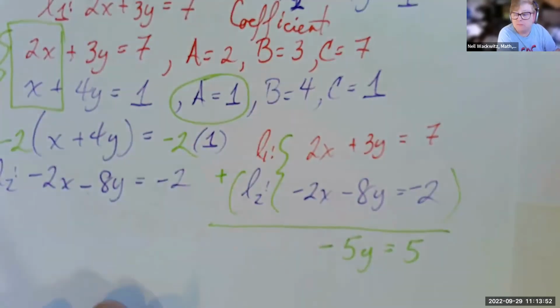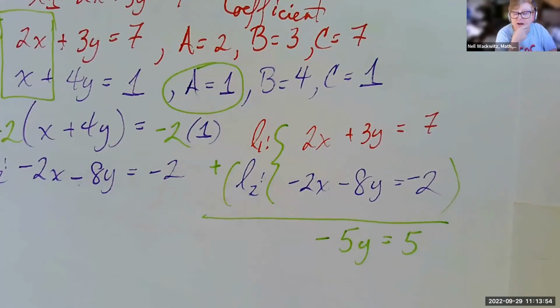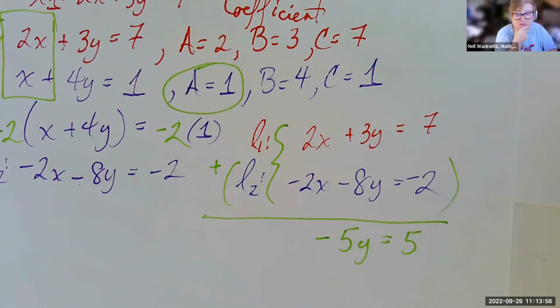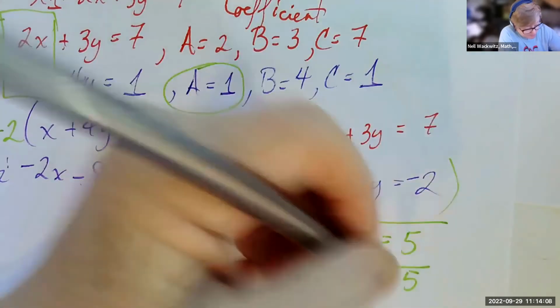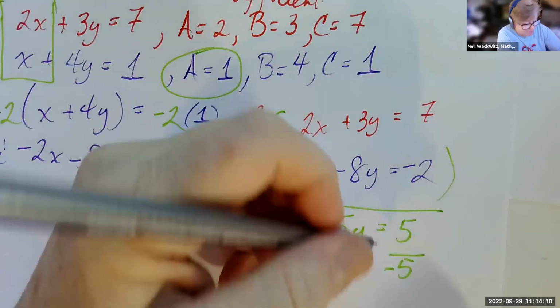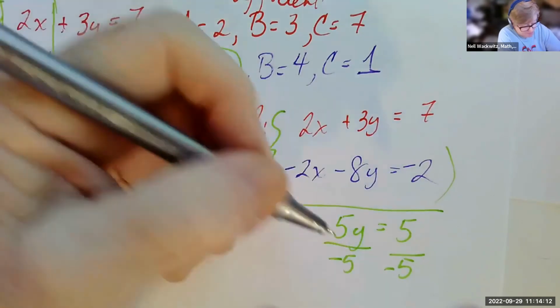Excellent. What can we divide by so that y has a coefficient of 1? -5 is correct. So -5 divided by -5 is y.